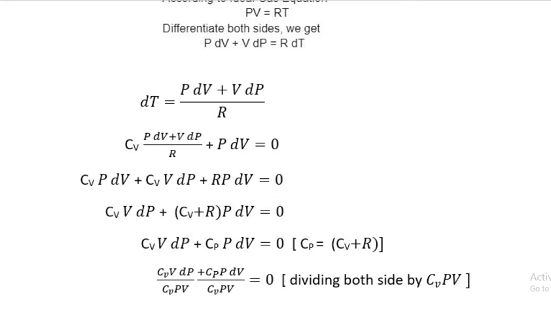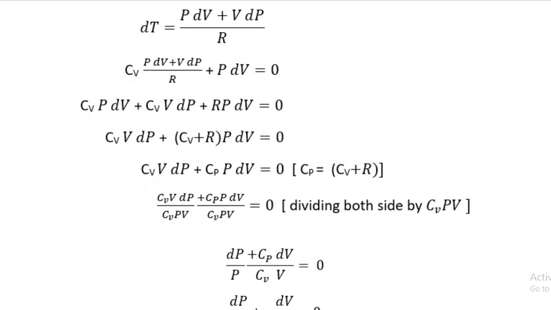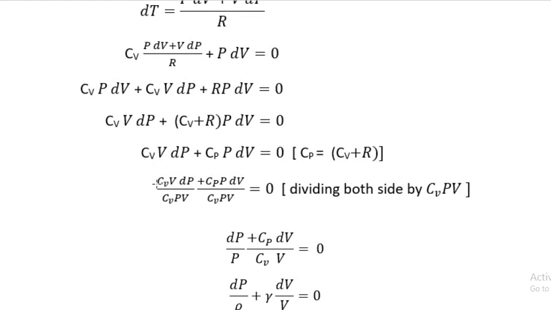Now dividing both the sides by Cv PV, we get Cv V dP by Cv PV plus Cp P dV by Cv PV equal to 0. Now you cancel the like terms. Cv V will get cancelled in the first term.